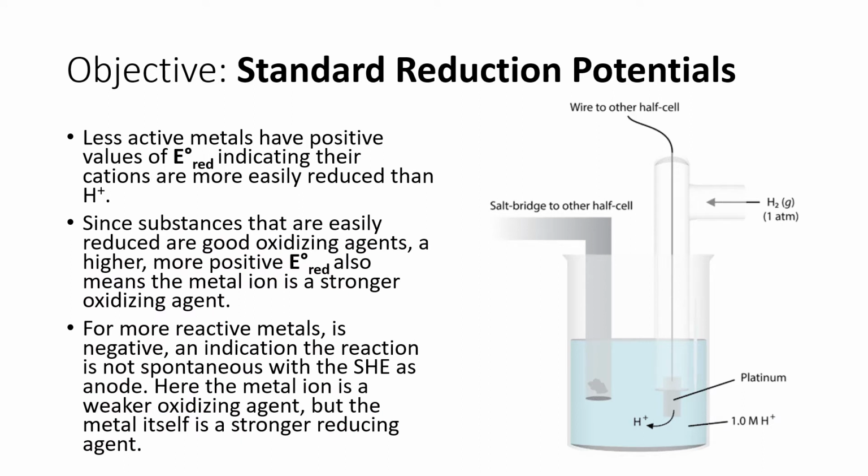In terms of what these values actually mean, the lesser active metals have a positive value of standard cell potential, indicating that these cations like to take electrons more than the hydrogen cation. So they're more easily reduced. So the more positive this value is, the more easily reduced.